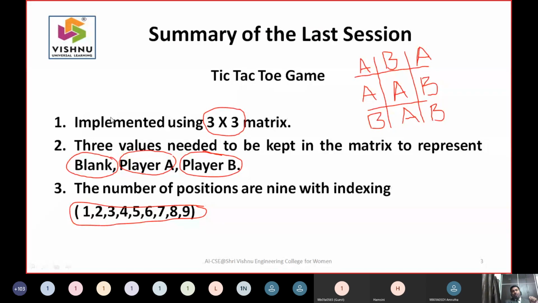How many different values are needed? 3. 3 values. Can you see? Can you say that this is position one? Can you say that this is position two? Can you say that this is position three? This is position four. Actually, you need to unmute yourself. This is position 5. This is position 6.